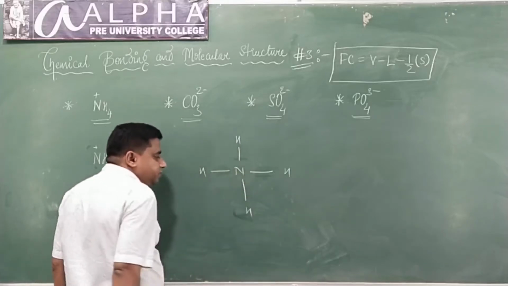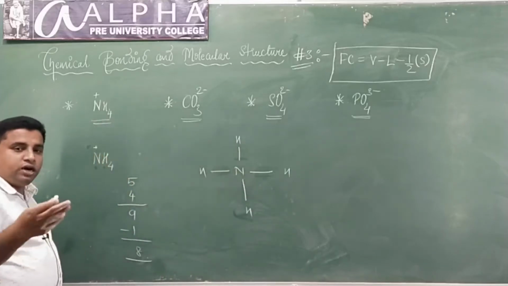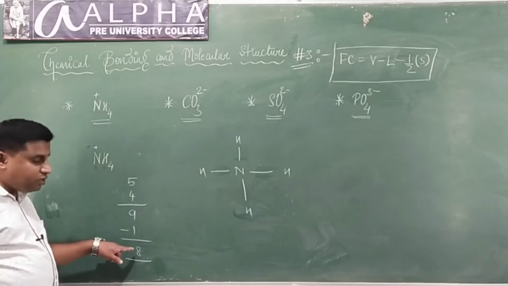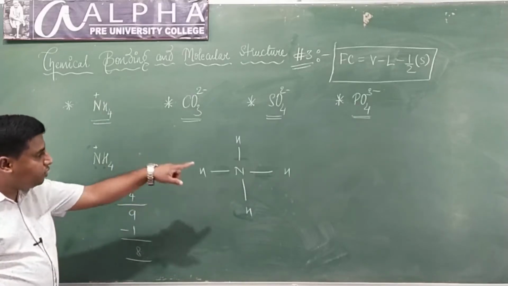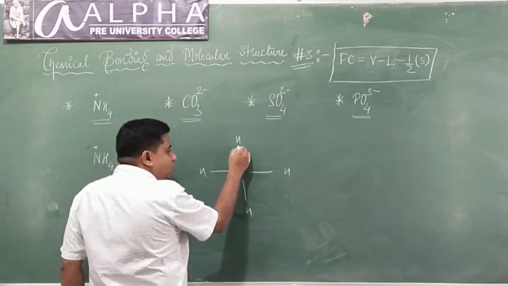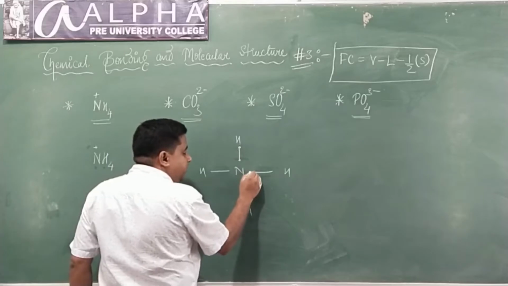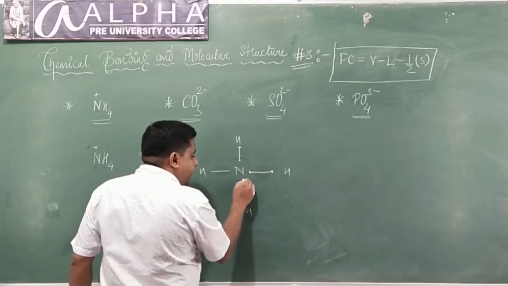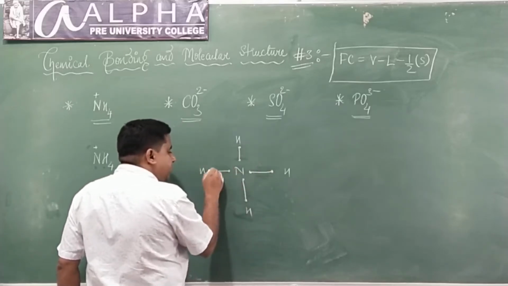That's correct. Next, distribute the valence electrons around the nitrogen and hydrogen. Can we distribute? Yes, 1, 2, 3, 4, 5, 6, 7, 8.